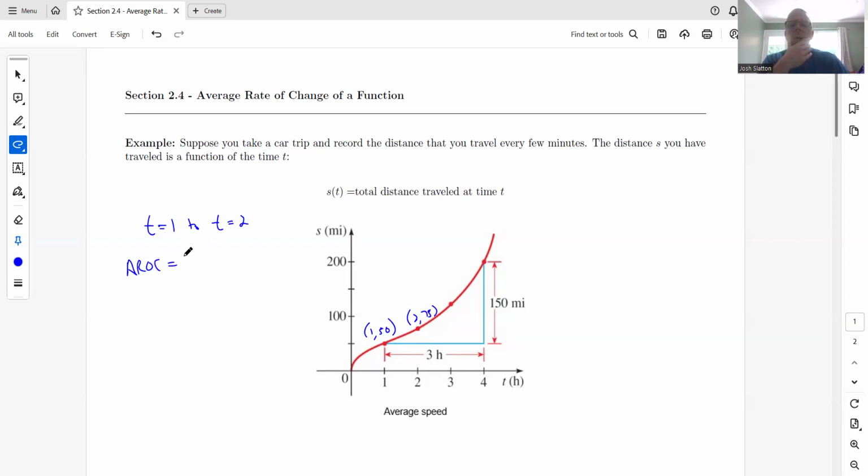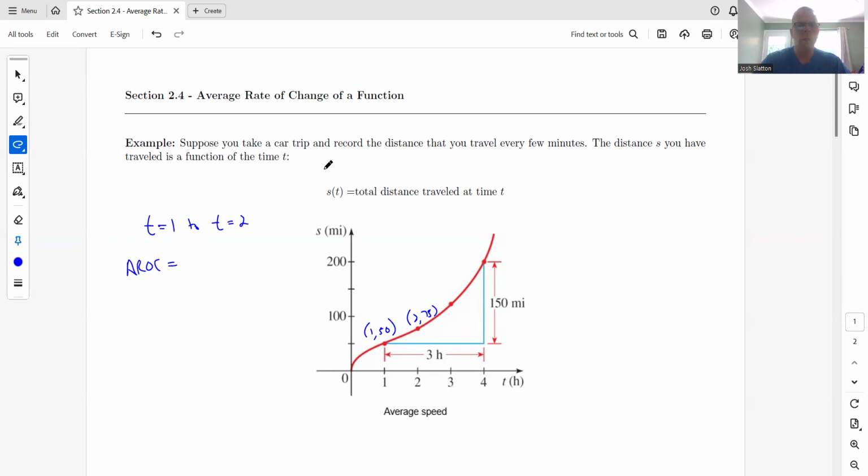Now, if you remember the slope formula from linear functions, the rise over run, so change in y over change in x, this is the same thing. We're basically seeing how much y has changed over this period of x that we're looking at, or t in this case.